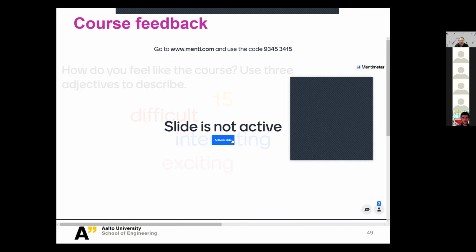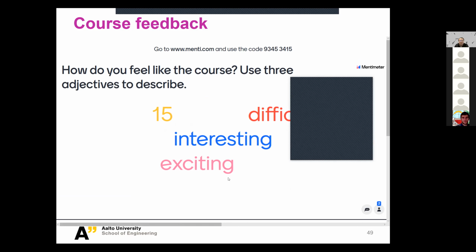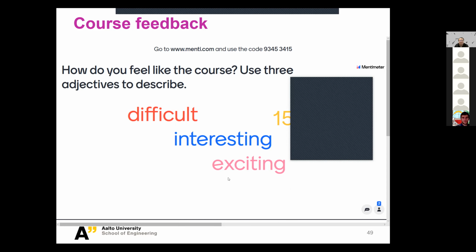I'm gonna activate it now. Some people already wrote a few words over there. So now you don't need to switch the code. If you just refresh, give me 1 second. I think I need to go there, and yeah.